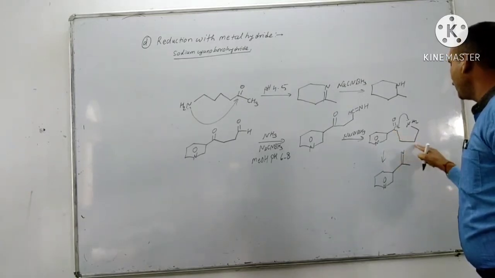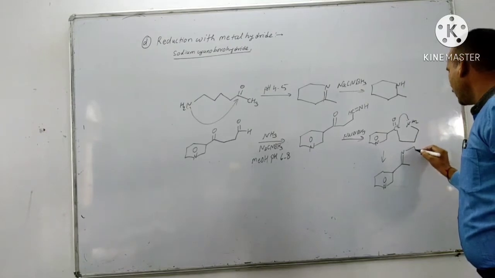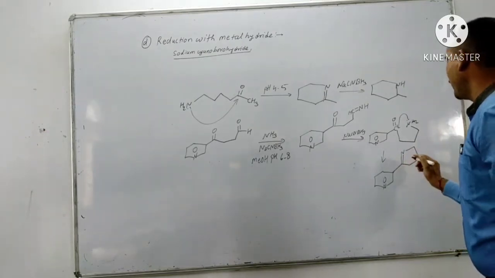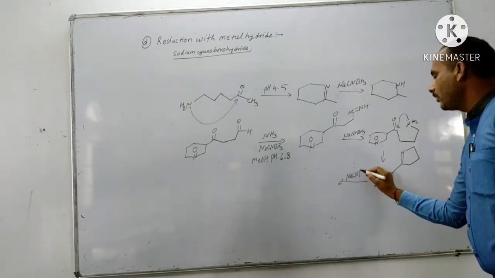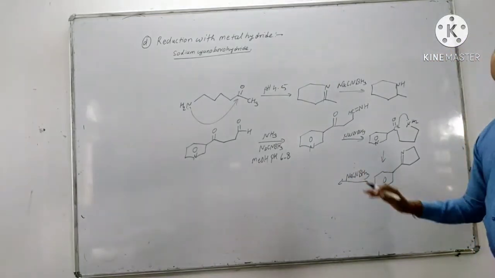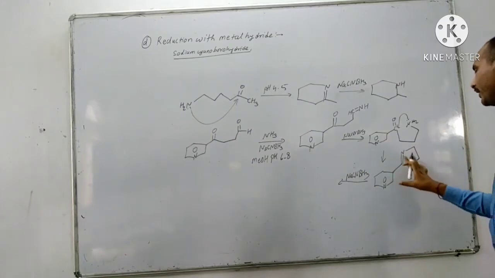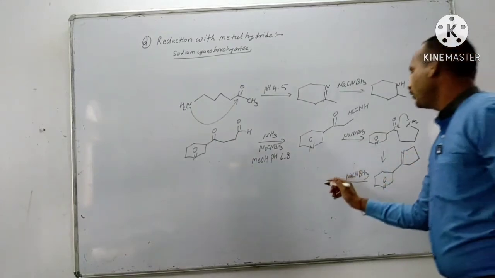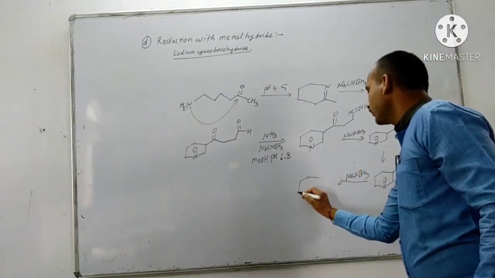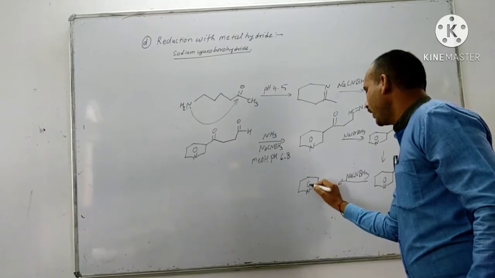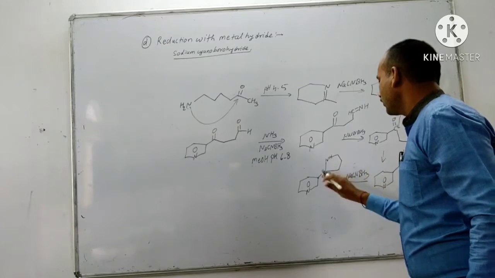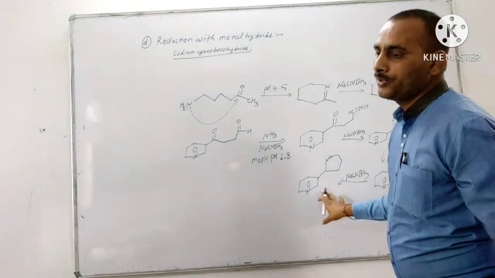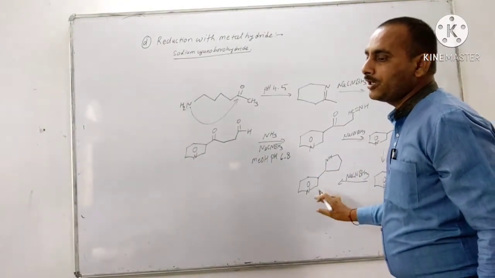This carbon 1, 2, 3, so this is a 5-member ring, and again NaCNBH3, sodium cyanoborohydride, reduces this imine to amine again. So N and H. This 5-member ring compound is nornicotine.